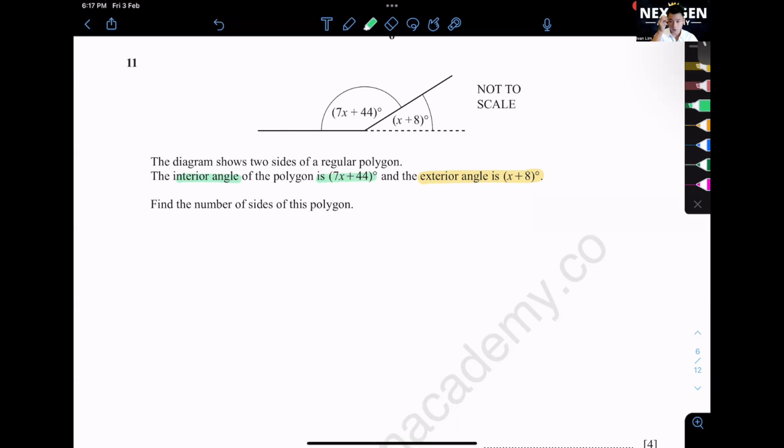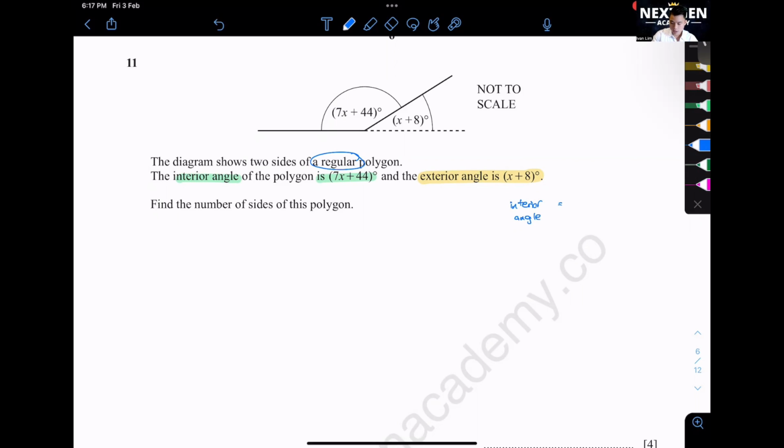Okay, so for interior and exterior angle, make sure you all know the formula. Let's just write the formula down to recap a little bit. This is a regular polygon, right?